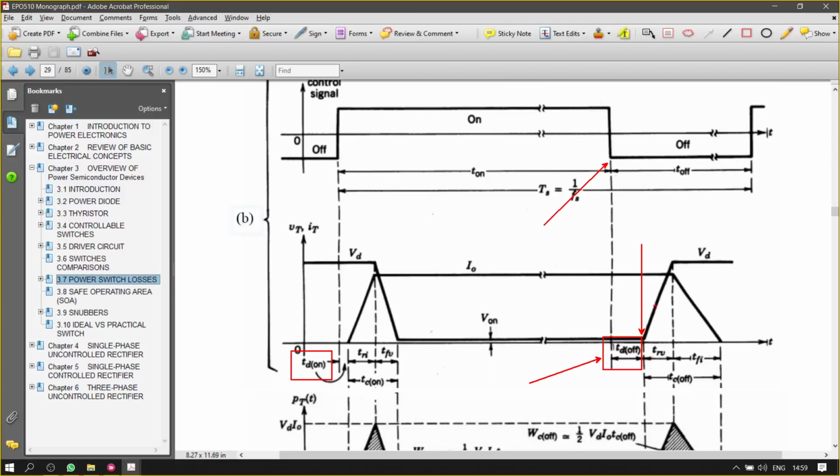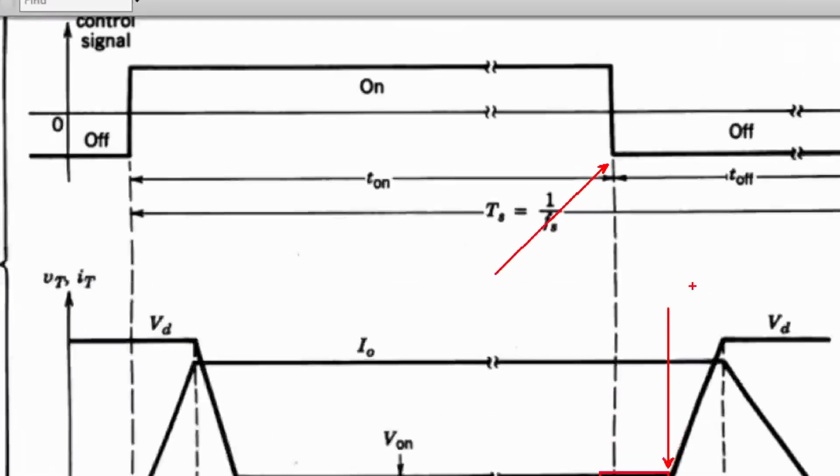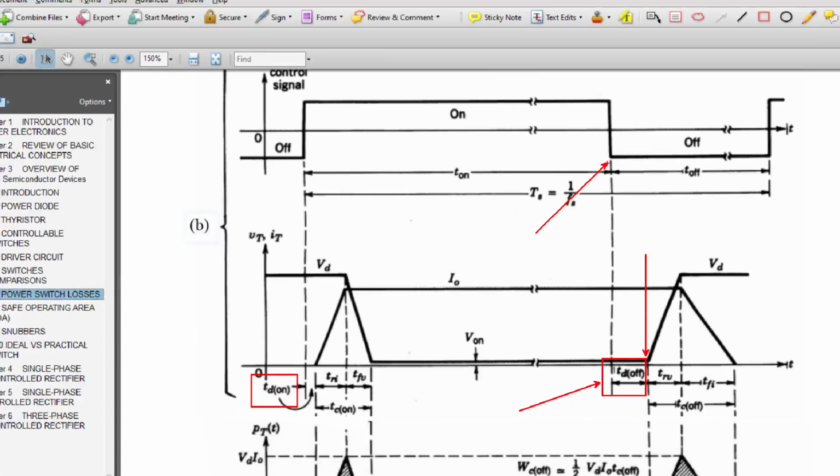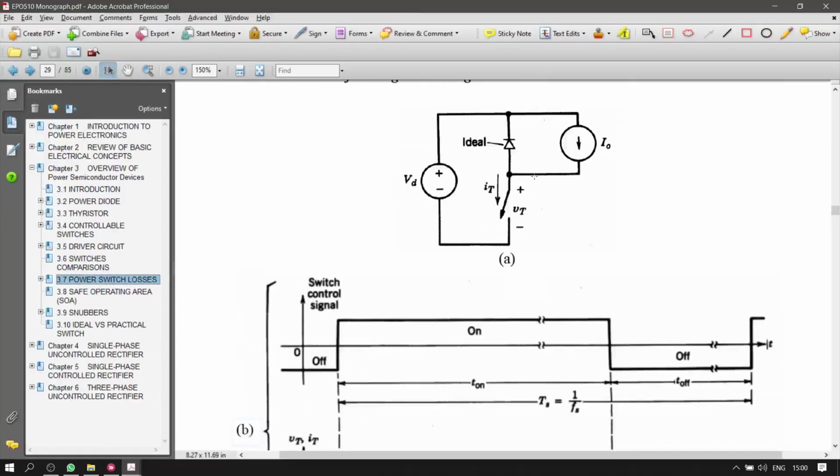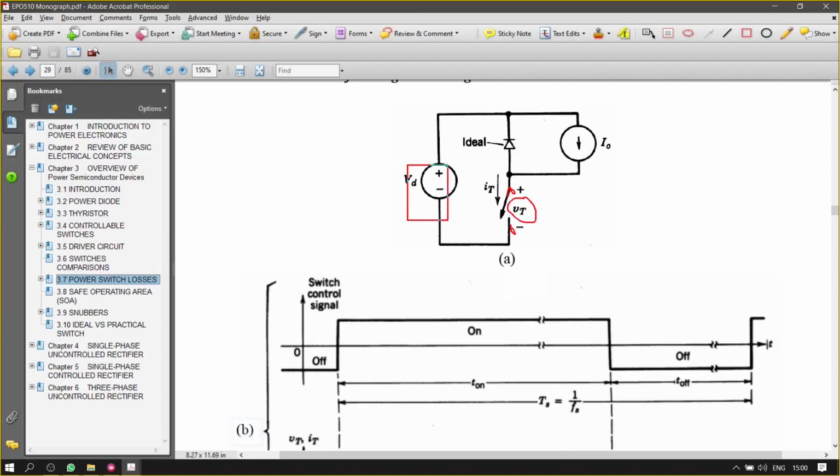Then we can see the voltage start to rise, because when it's off, the voltage across the switch will be equal to whatever we have at the input. For example, in this circuit, when this is off, which means we have an open circuit here, the voltage here will be equal to VD.